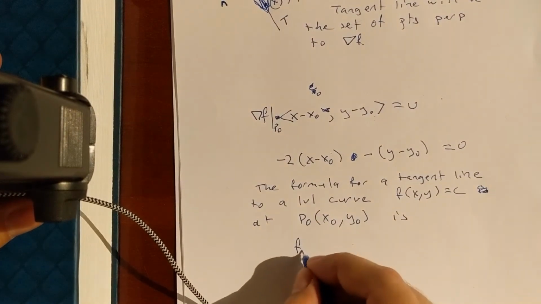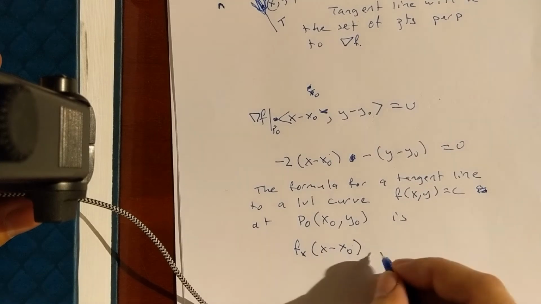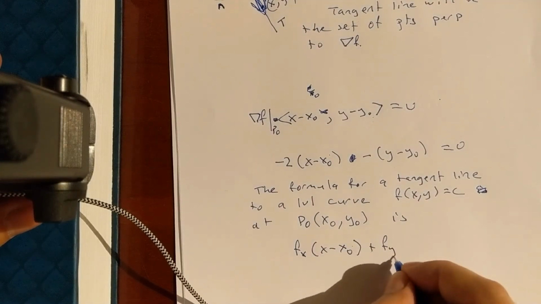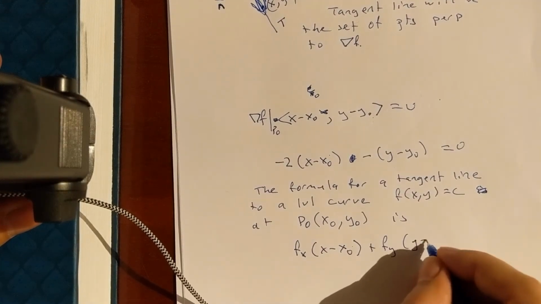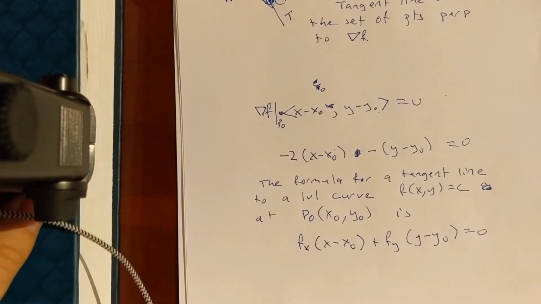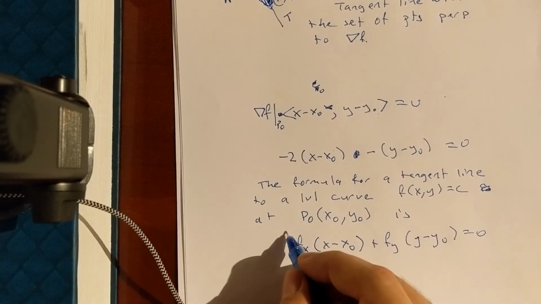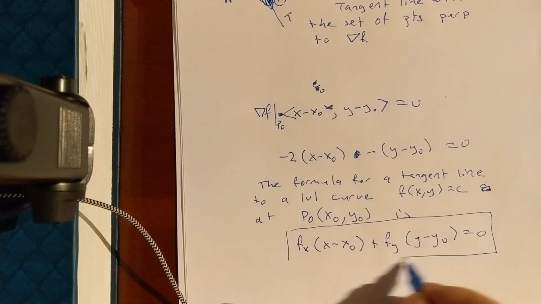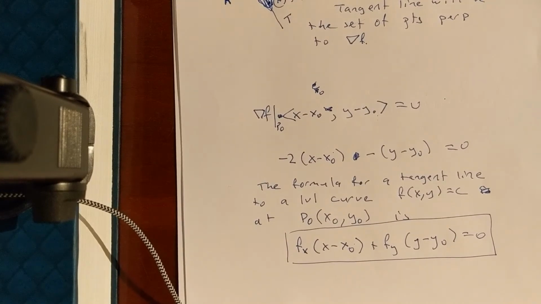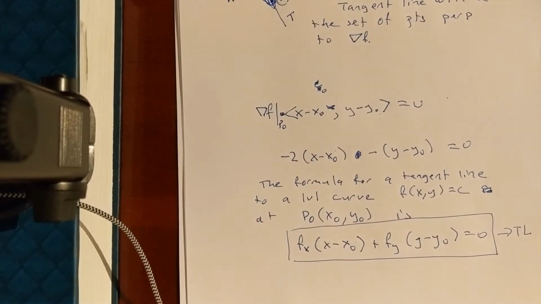It's going to be just f sub x times x minus x naught plus f sub y times y minus y naught equal to 0. Okay, so we get this nice sweet formula for tangent lines, TL, to a level curve.